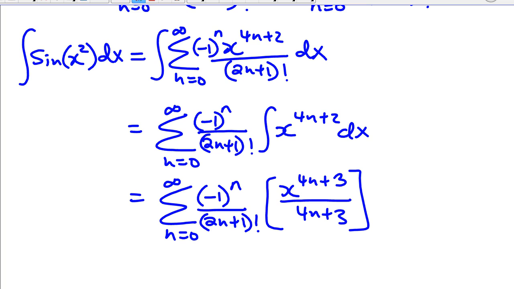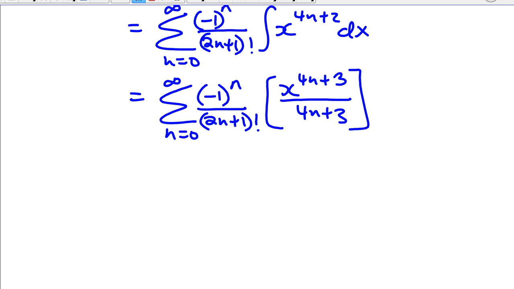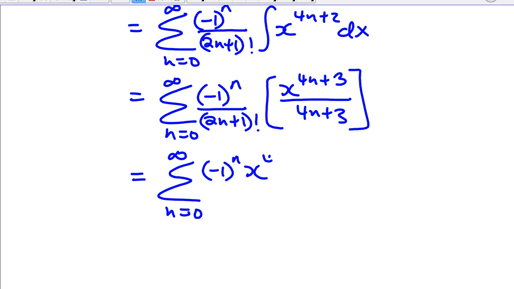Just apply the reverse power rule. And so that will be equal to the sum from n equals 0 to infinity of, we can put things together here, negative 1 to the power n, x to the power 4n plus 3 over 2n plus 1 factorial multiplied by 4n plus 3.